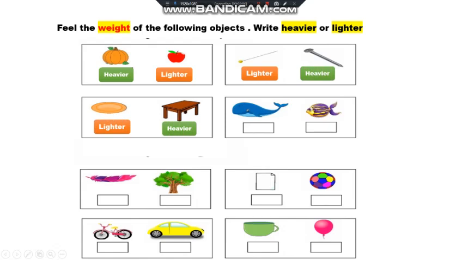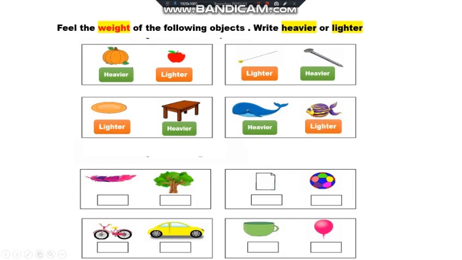First is the dolphin, a very big fish, and another fish which is small. The dolphin is heavier and the small fish is light in weight, called the lighter.